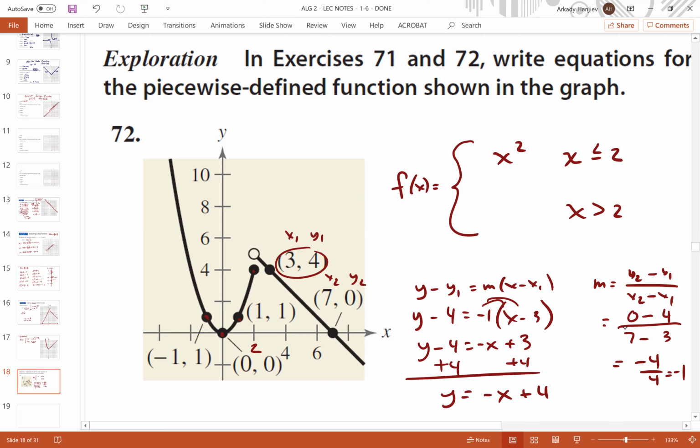Now, we don't need the y in it because remember, you're using f of x. So we just need this little piece right here. And -x plus 7. Thank you. I think I just need to go on vacation at this point. Okay, let's go with -x plus 7. There it is. Boom.